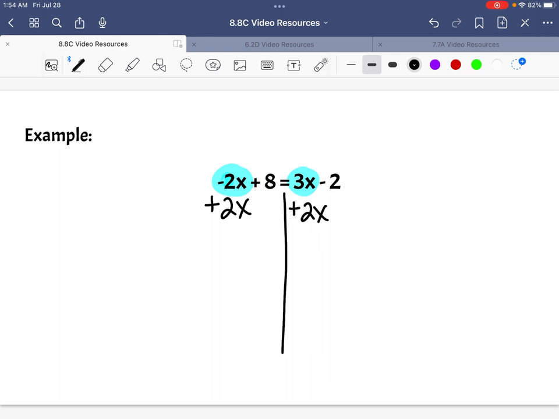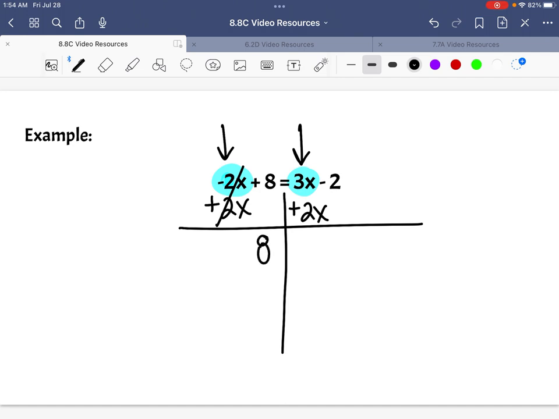And think of x's and constants, or variables and constants, kind of like place value. So when I combine these, I'm only adding the 2x to the place value that has another variable. So -2x plus 2x, that just cancels out and makes 0.